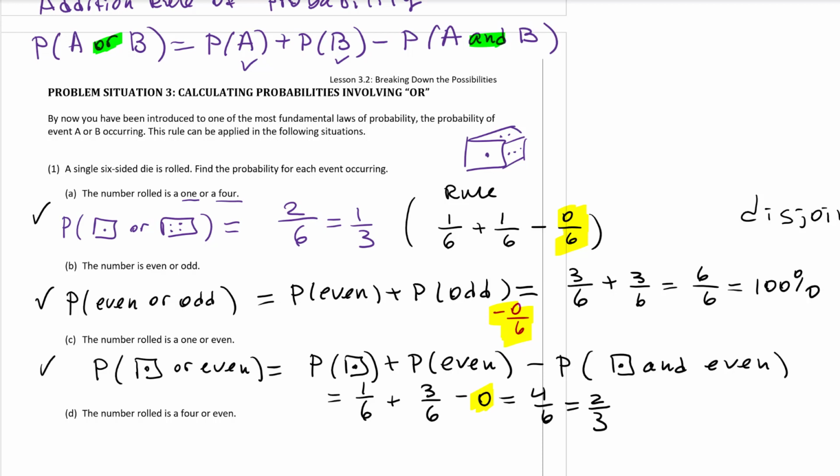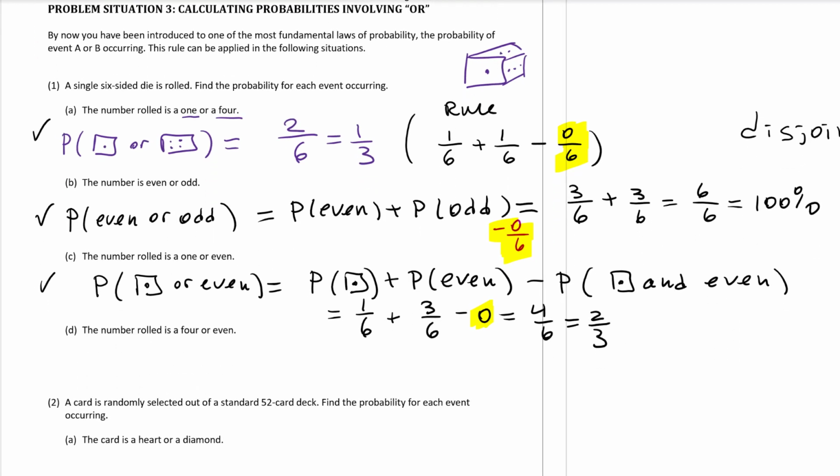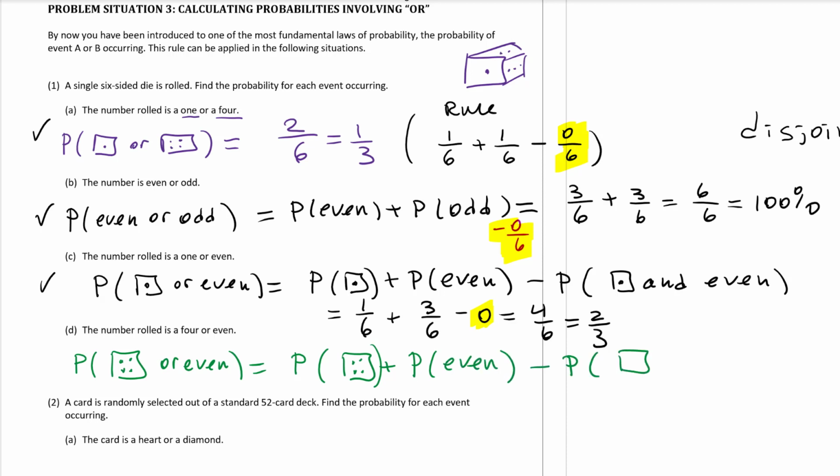Part D is different. It says the number rolled is 4 or even. If we write this out, the probability that it is 4, plus the probability that it is even, minus the probability that it is a 4 and an even number at the same time.